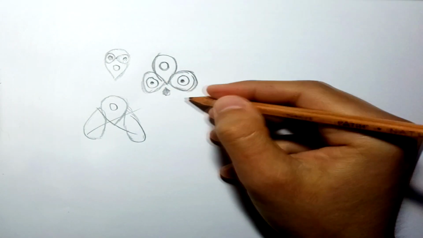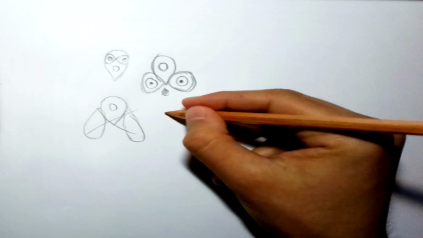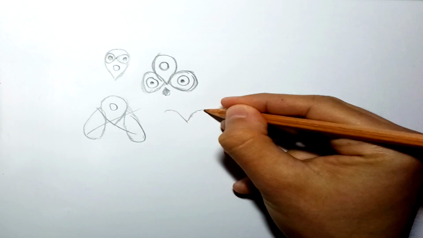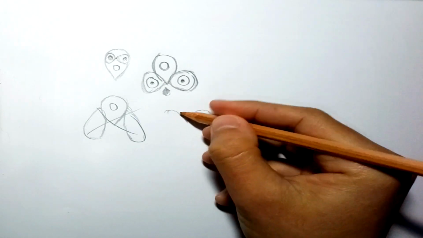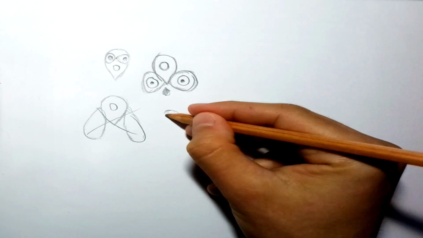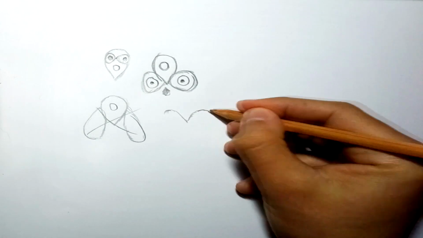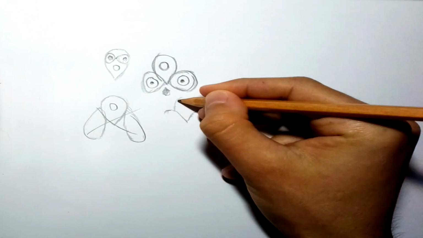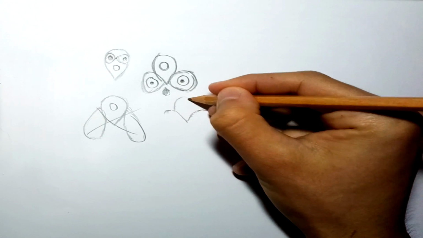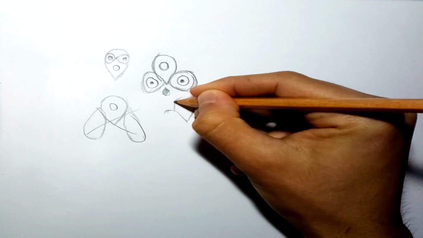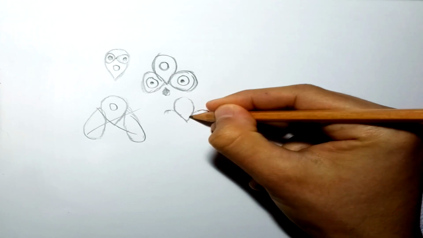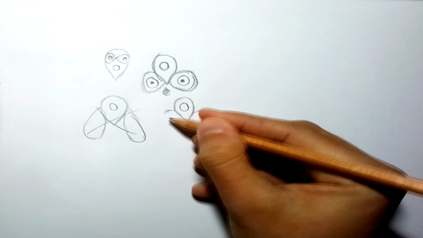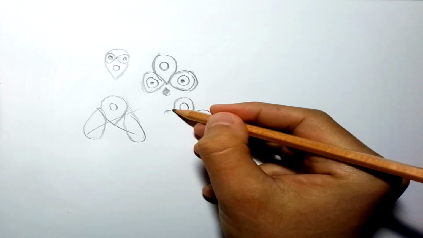Okay, so we can use some quick sketches. We have, now we can try and improve the eyes.